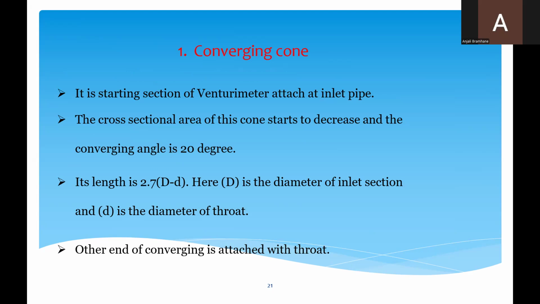The converging angle is 20 degree. Its length is 2.7 (D minus d). Here, D is the diameter of inlet section and small d is the diameter of throat. The other end of converging cone is attached with throat.